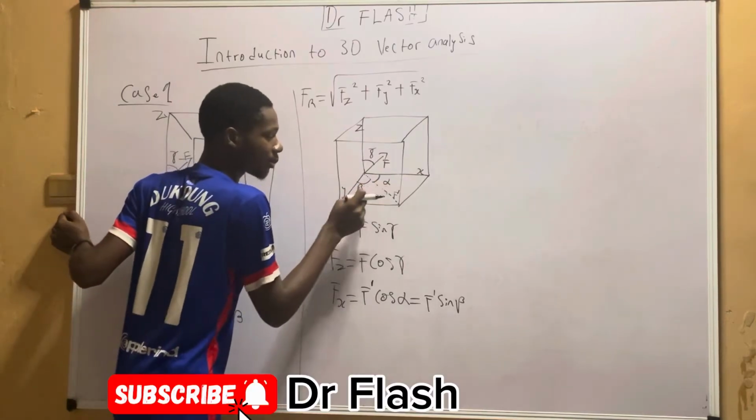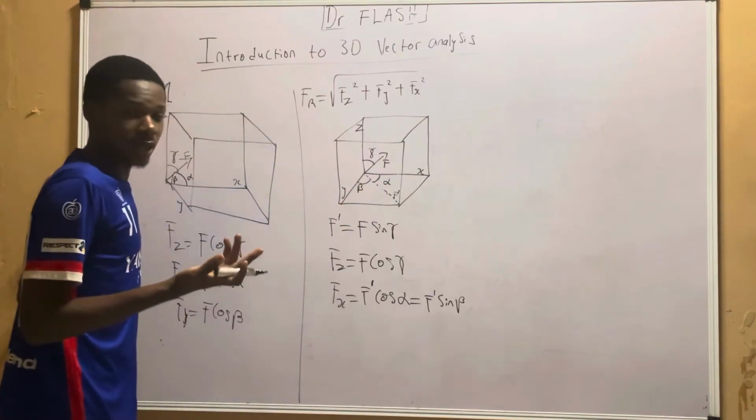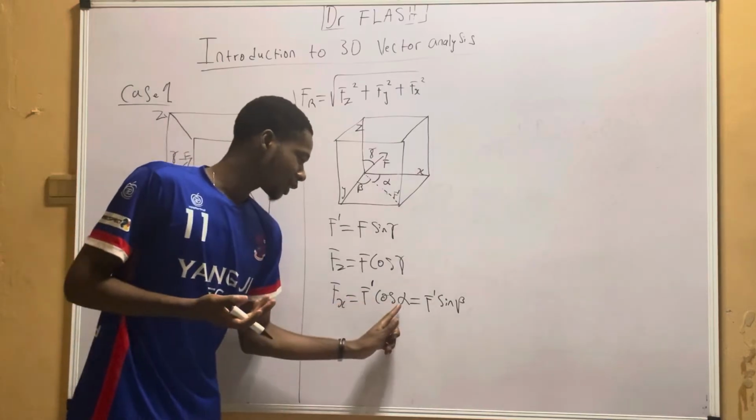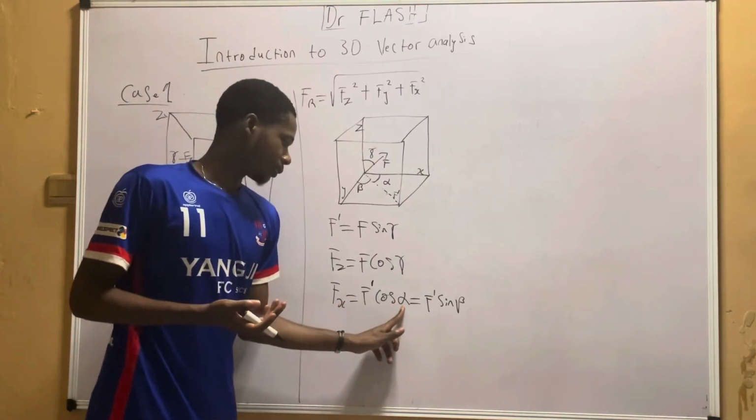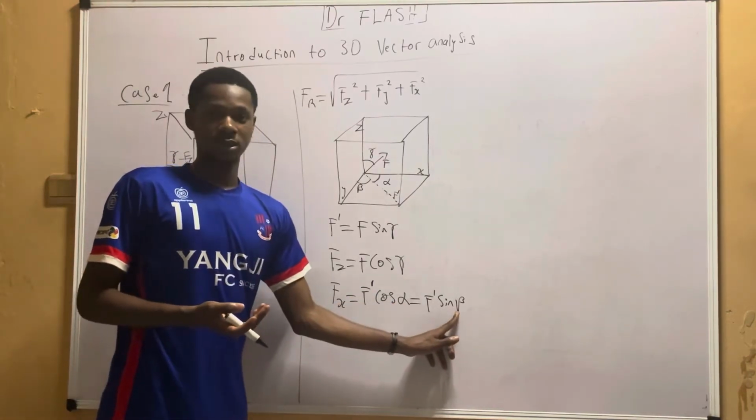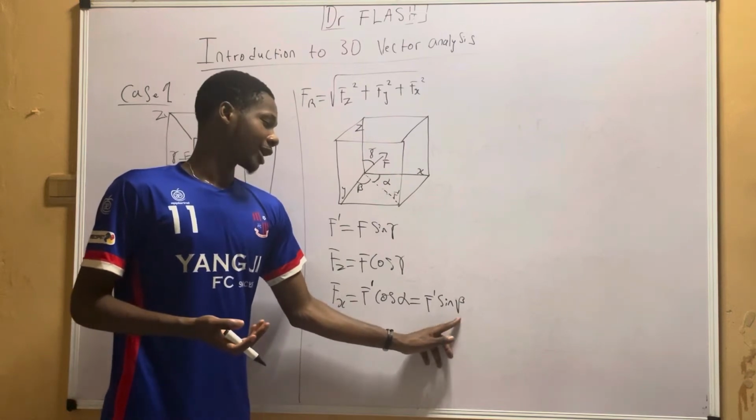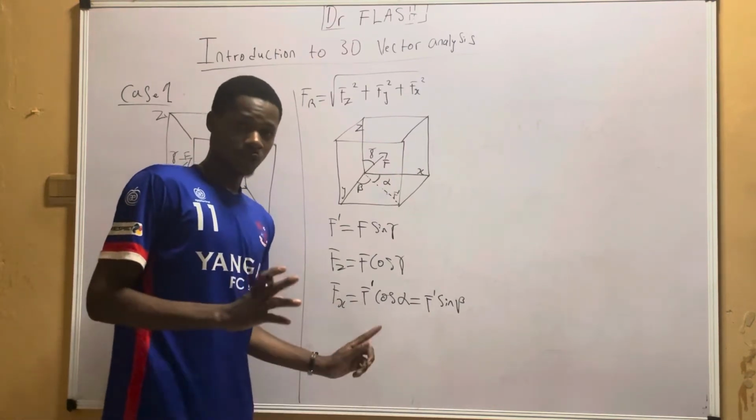Remember, alpha plus beta sum to 90 degrees, they are complementary. So I could write 90 minus alpha, which is the same as sine beta, or I could write 90 minus beta, which is the same as cosine of alpha.